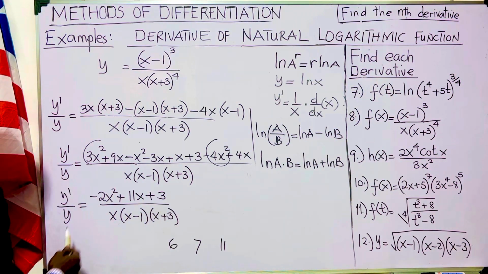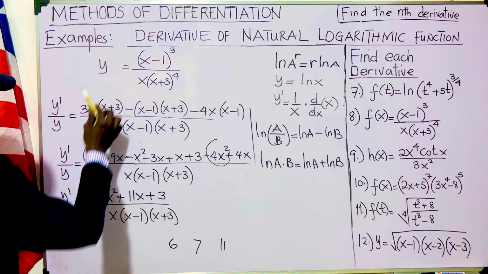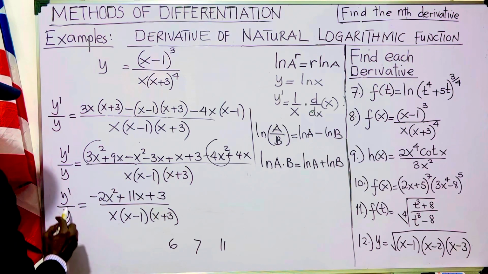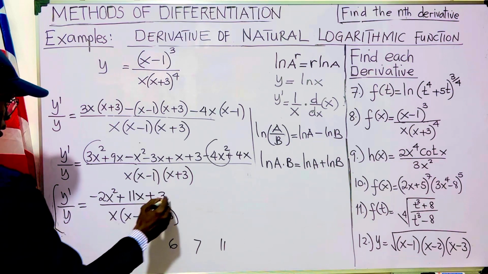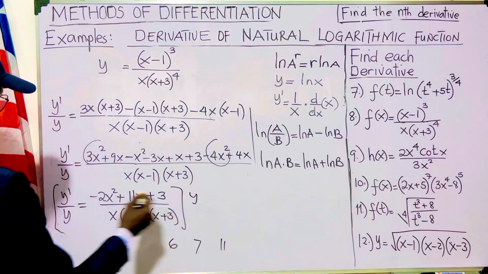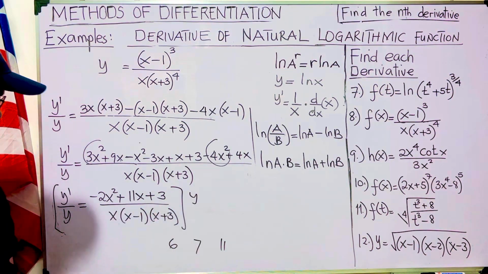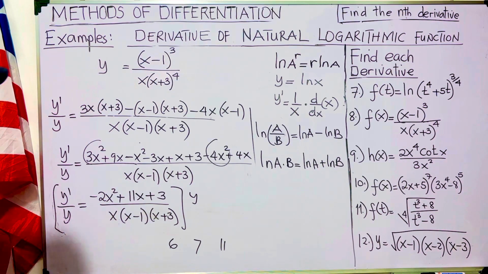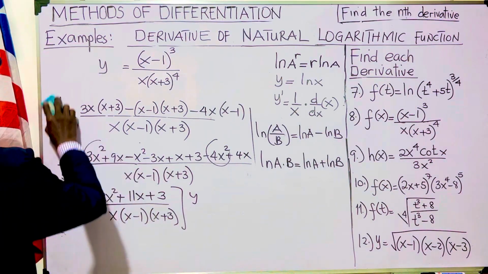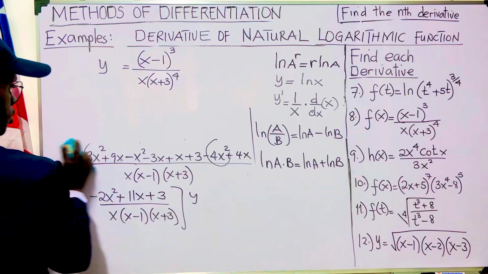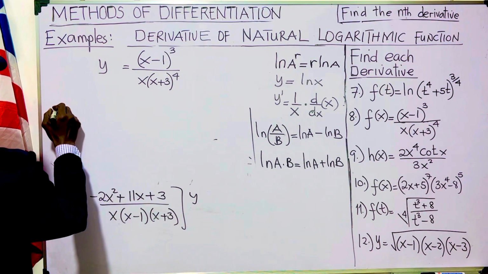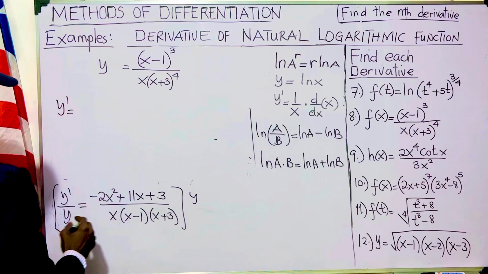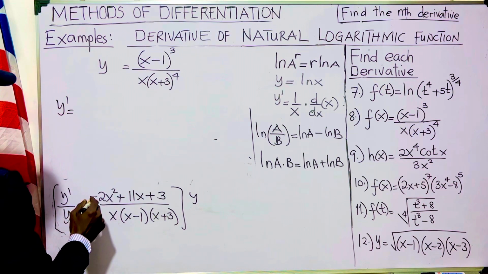Now, initially we had the value for y. So we have to get rid of this y. So we multiply all sides by y. y times this, y will cancel. So if y and y go up, we have y prime now to be, this y now will just come up here.